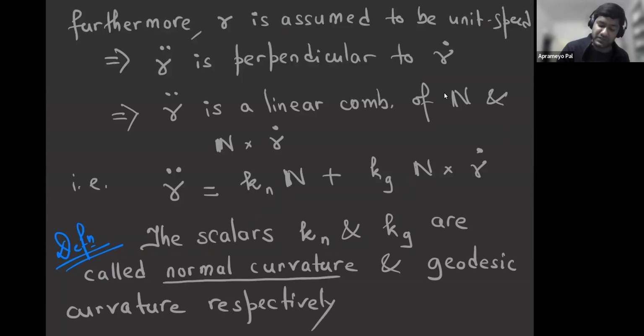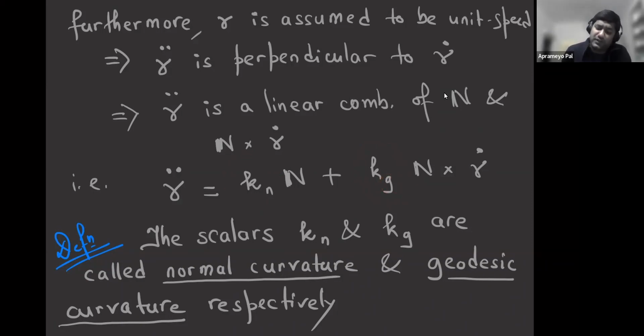This is normal curvature and this is geodesic curvature. So essentially kn is your normal curvature and kg, g for geodesic, is the geodesic curvature.